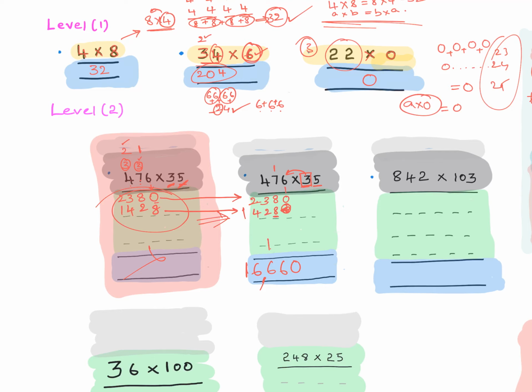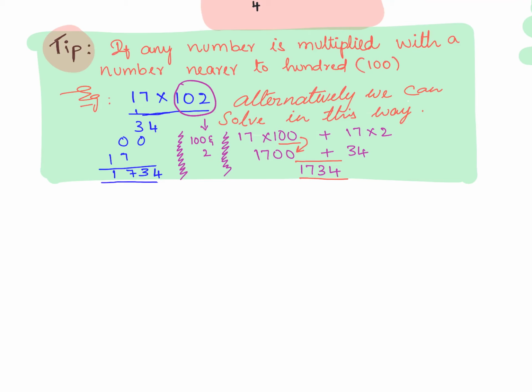The next one is 842 times 103. Before proceeding to this one, let me show you a small tip. If any number is multiplied with a number near to 100, this tip works.